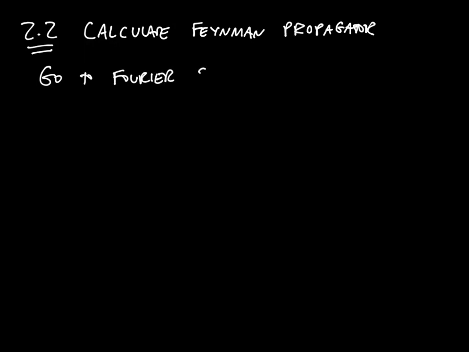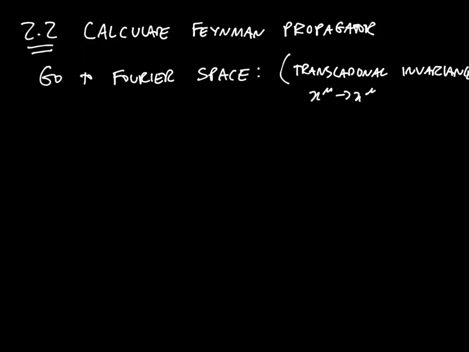Okay, so why are we going to do that? Well, we're going to do that because it makes the answer easier. But in general, it's important to note that our problem has translational invariance. Whenever you have translational invariance, it's probably good to go to Fourier space if you're trying to solve a problem. That's something to keep in mind. Okay, in Fourier space, the Feynman propagator looks like this.